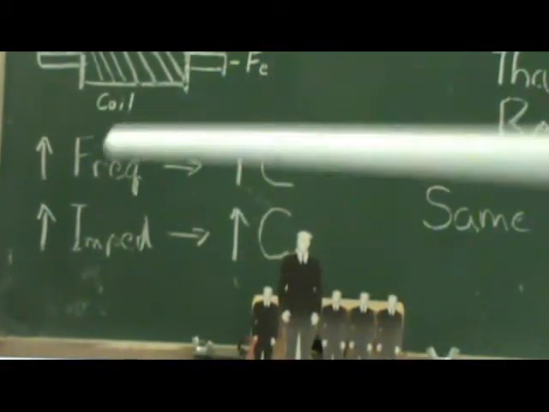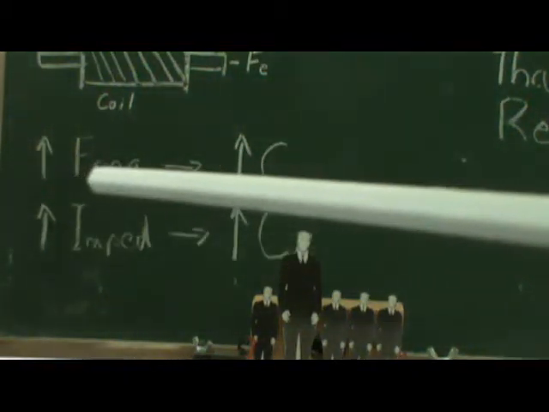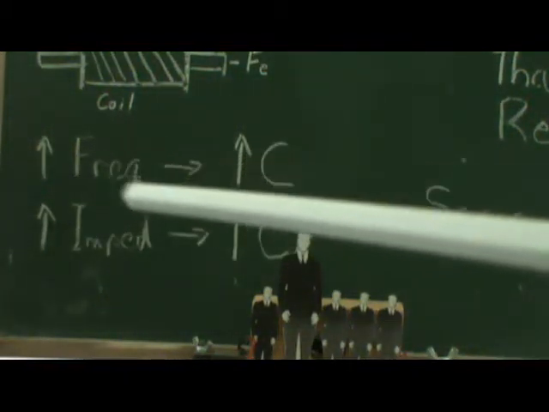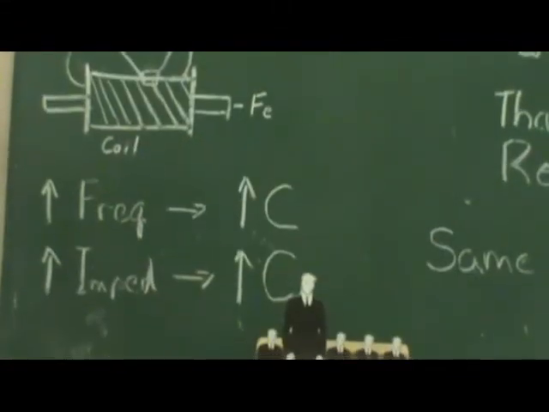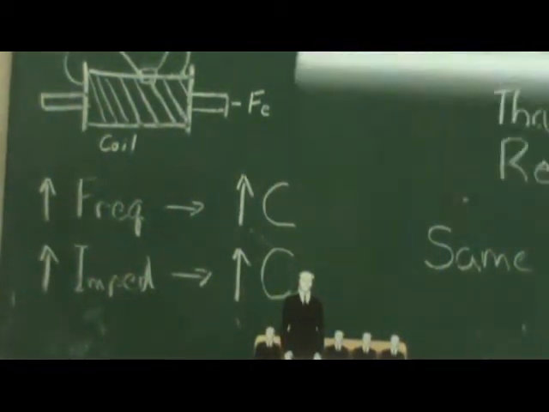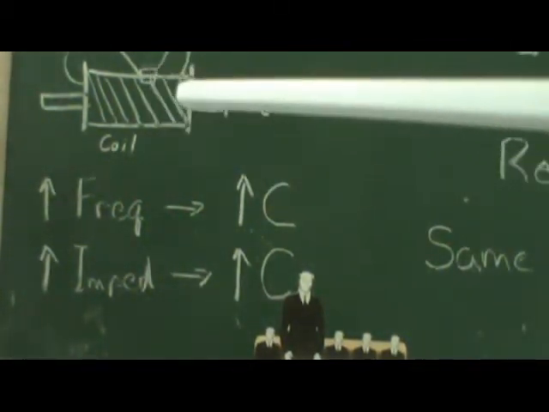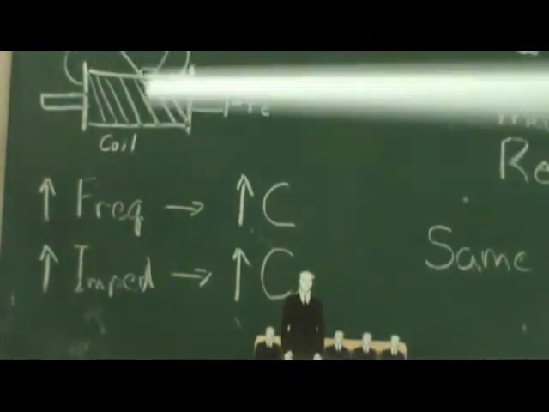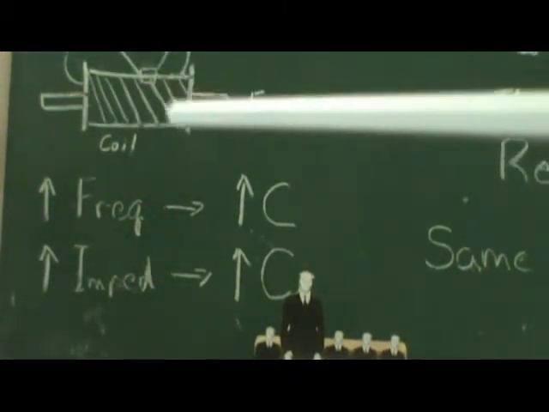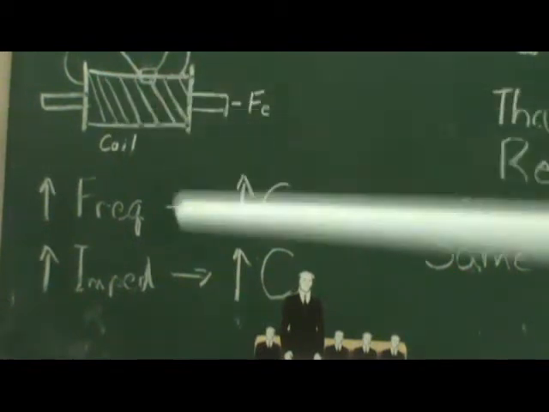Okay, so if we increase the frequency of the magnet passing by this coil, it's going to increase the voltage potential between those wires, and it's going to increase the capacitance of the coil.